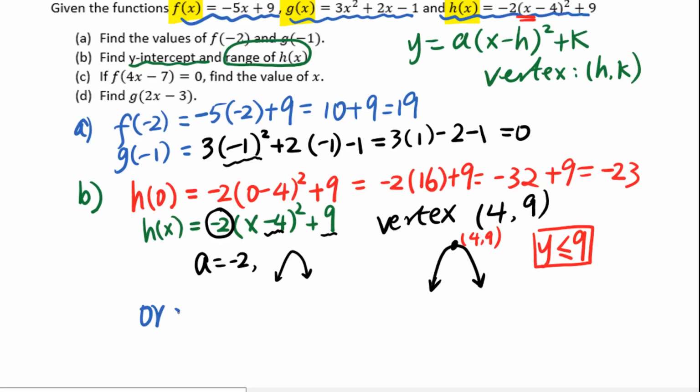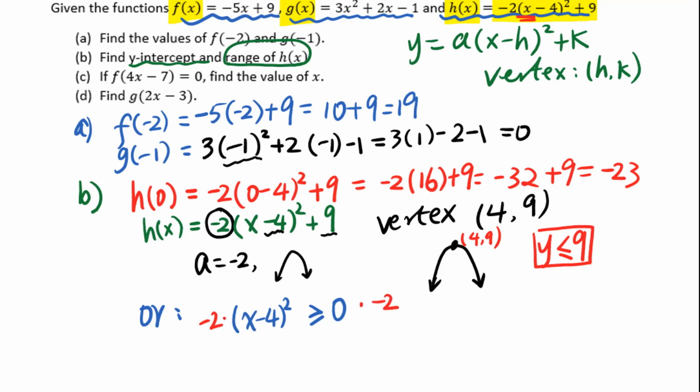Or let's go this way. We have (x minus 4) squared, that is greater than or equal to 0. Then I try to create this function. So we multiply by negative 2 on both sides.